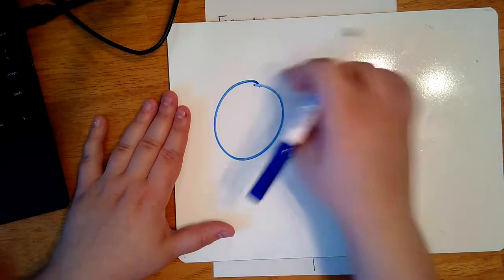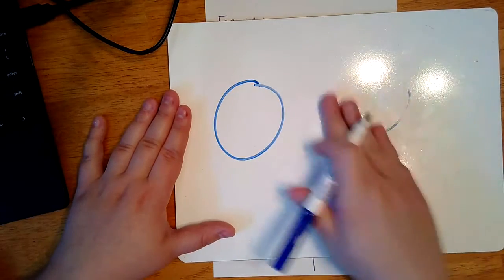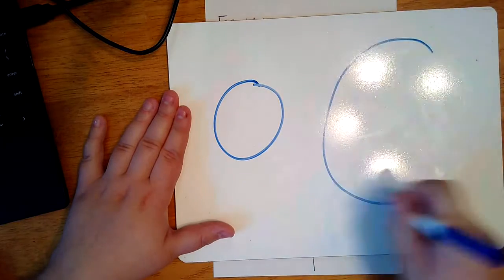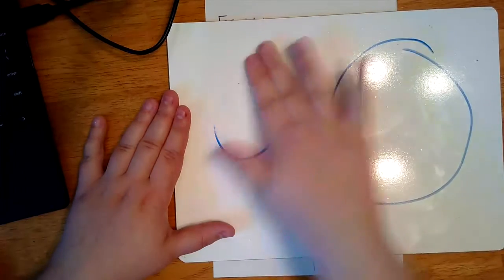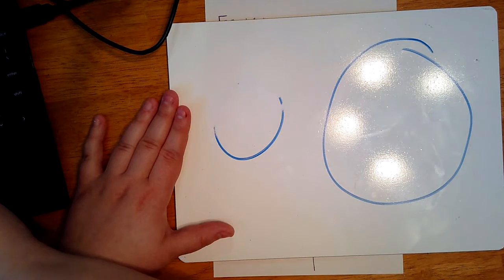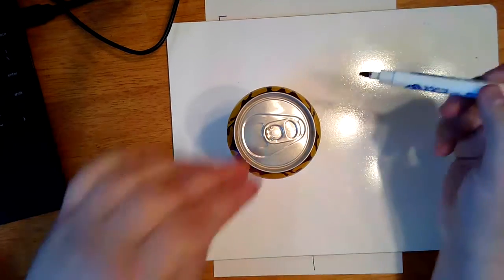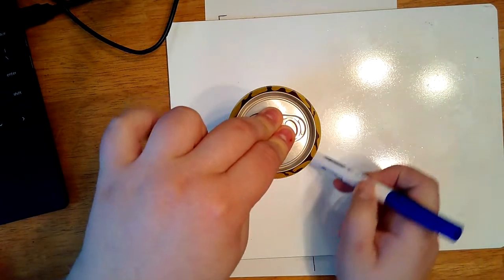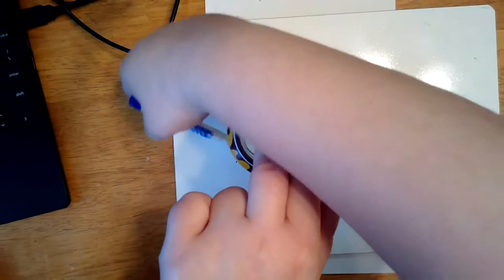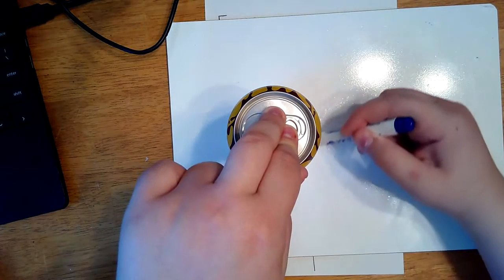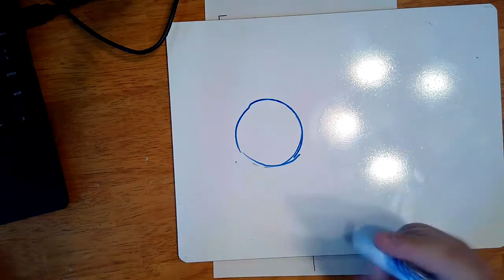So I can't have a circle this big and try to compare it to a circle this big, right? They need to be the same size shapes, okay? So just to make sure that we are looking at things the same way, I'm going to use this Yoo-hoo can to try and make circles that are the same size, okay?